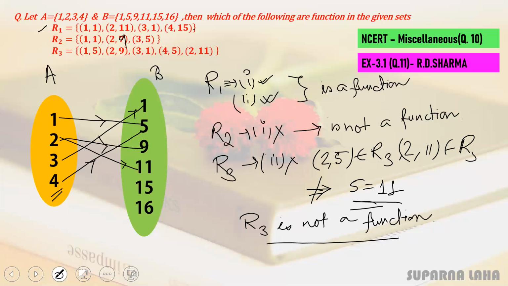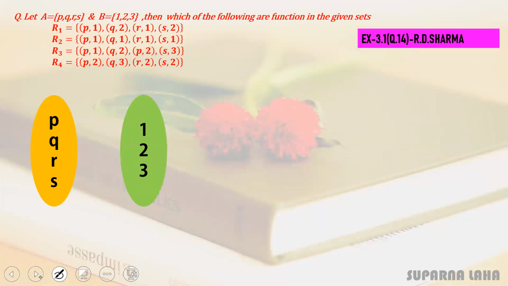Okay, so number 1 is a function, and 2 and 3 are not functions. So moving to the next question. Set A is given as P, Q, R, S. B is given as 1, 2, 3. So first R1. Check this definition. P is associated with 1, Q with 2, R with 1 and S with 2.